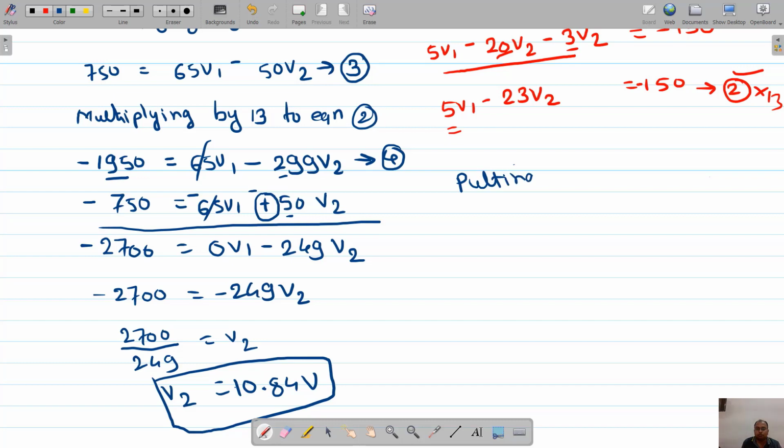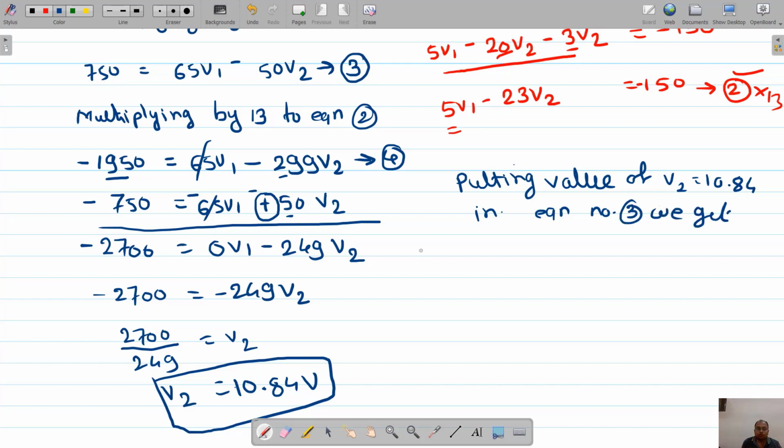Okay, now let us put this value of v2 equal to 10.84 in equation 3. We get, so let us write it. Equation number 3 is nothing but 750 is equal to 65 v1 minus 50 v2.